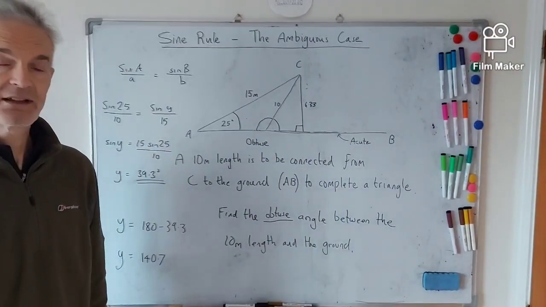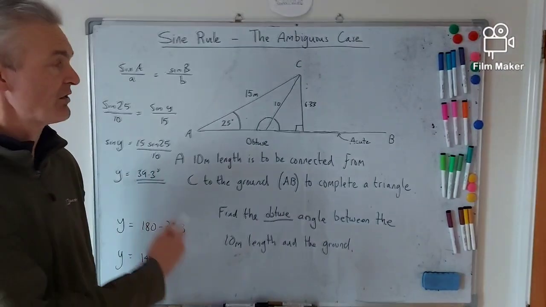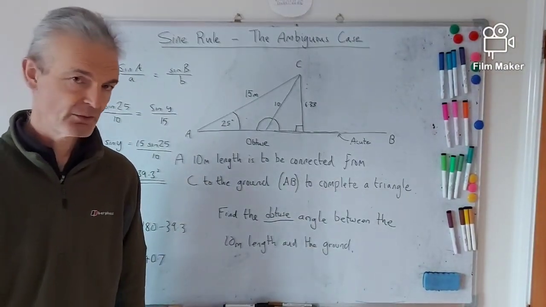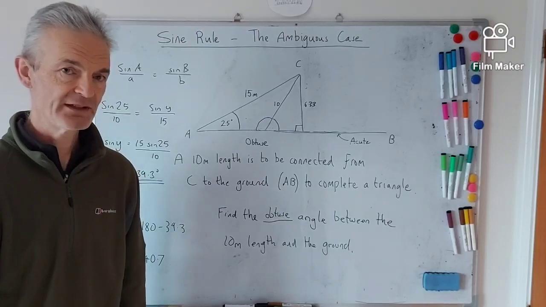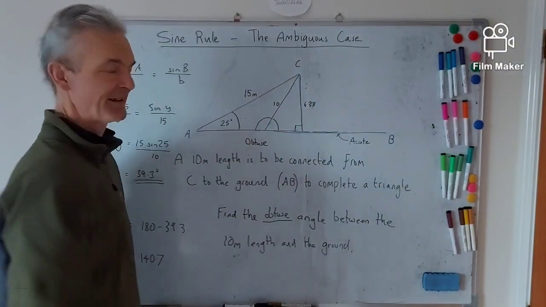It just means you've got to do a few more calculations on the way, but you would get there eventually. So that's the sine rule, the ambiguous case.